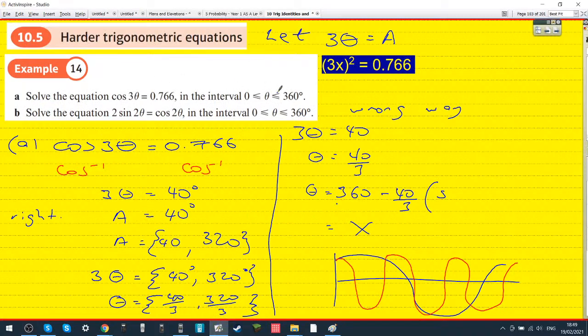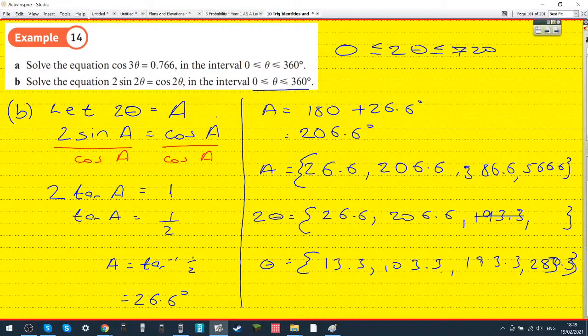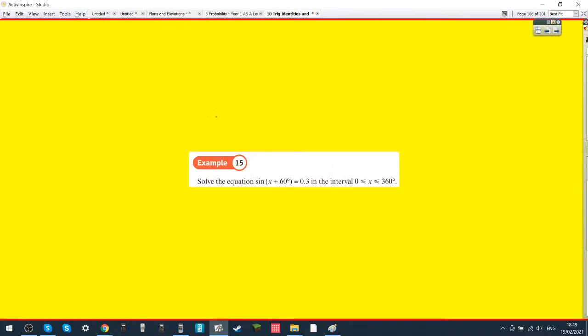So what would be the range for the previous one? 360 times 3. So I think it's 1080. So there's just going to be loads and loads of solutions. Yeah, great. All right, how about this one?